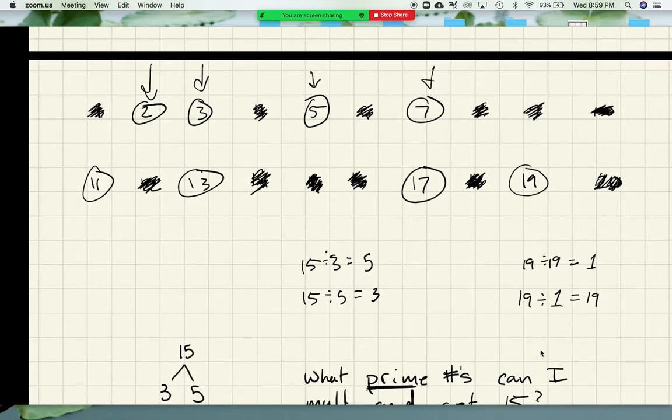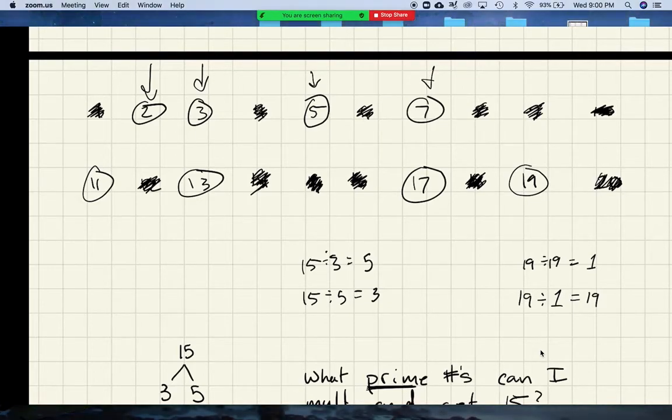I'm going to check on my phone real quick. Is 1 a composite number? So 1 is not a composite number. Okay, so 1 is just the outlier. It's not prime and it's not composite.